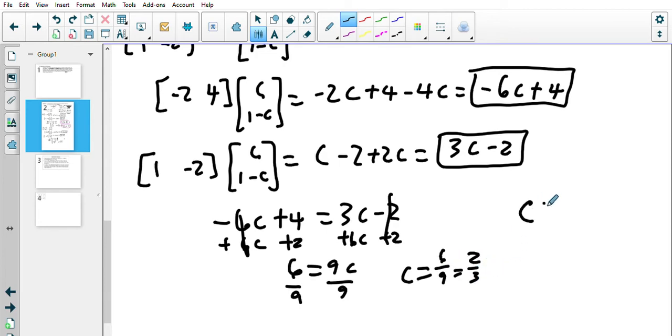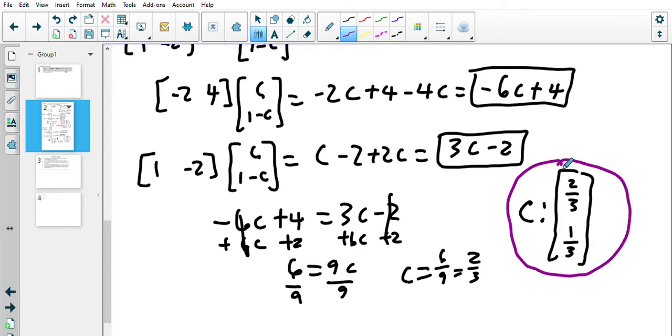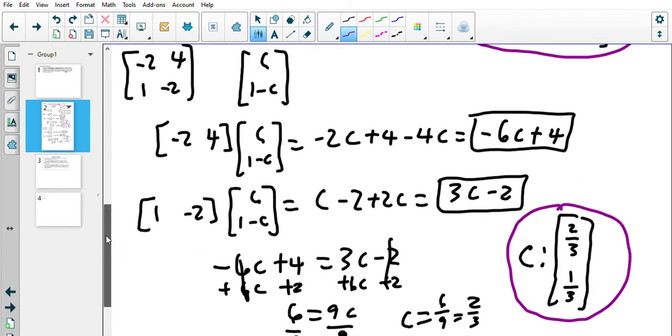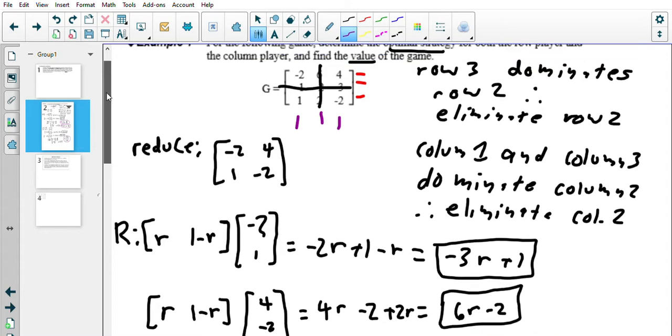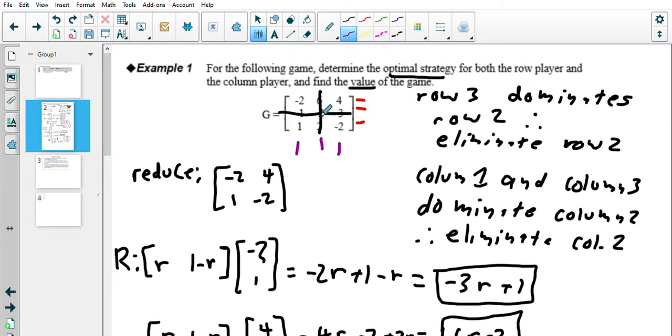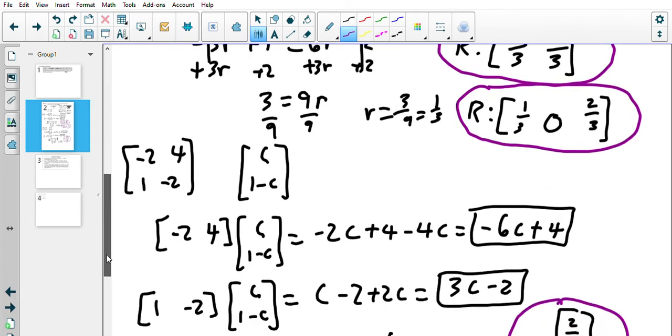So it looks like our column strategy should be to play the first choice 2/3 of the time and the second choice 1/3 of the time. And again, that's the column strategy, thinking about our 2 by 2 matrix. In reality, we know that we're going to play the second column 0% of the time. We're never going to play the second column.